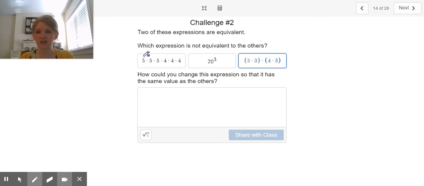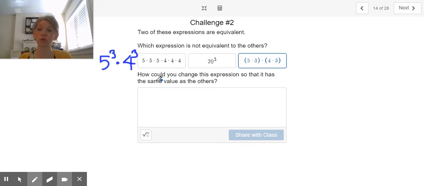Well, I see that this has 3 5s. I'm going to go ahead and write that as 3 to the 5th. And it has 4s 3 times. I'm going to go ahead and write that as 4 to the 3rd.